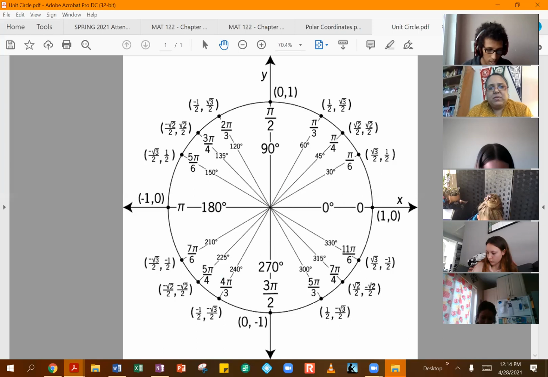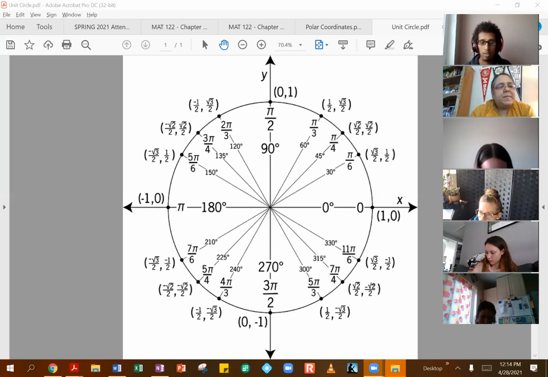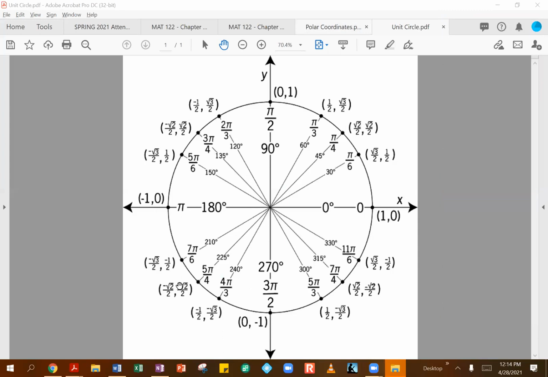So which angle do you think we will get negative square root of 3 for the tangent function? 2 pi over 3, 5 pi over 3. Okay, let's start with 2 pi over 3.